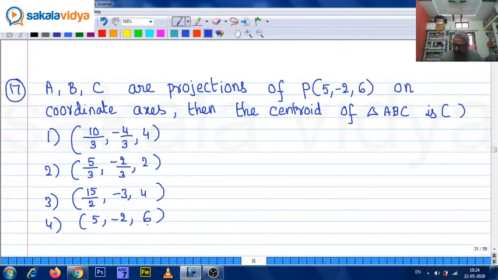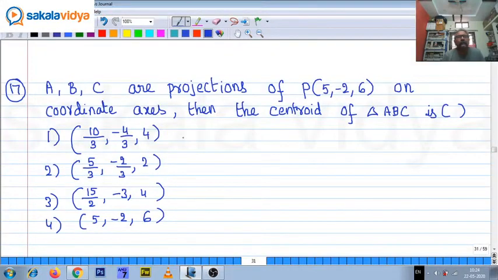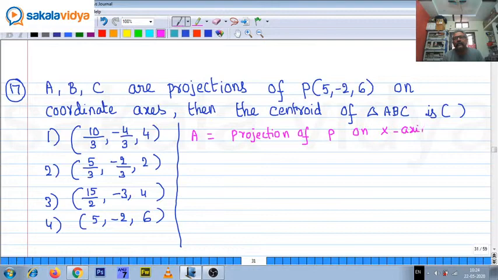Okay, first in this case we need to find out the projections of P on the coordinate axes: x-axis, y-axis and z-axis. A is the projection of P on the x-axis. On the x-axis only the x coordinate remains, the rest are 0.